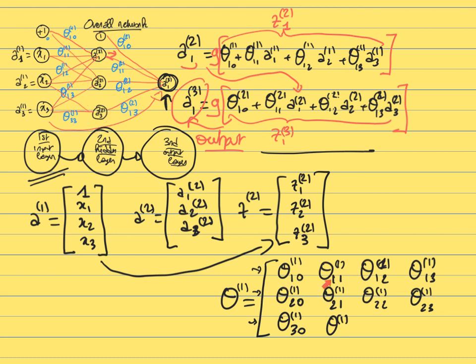So this is going to be this first index 1, 1, 1. Then all those weights are going to be referring to the neuron number 2 in layer number 2. So this is going to be all those weights that are connected to the neuron number 2 in layer number 2.